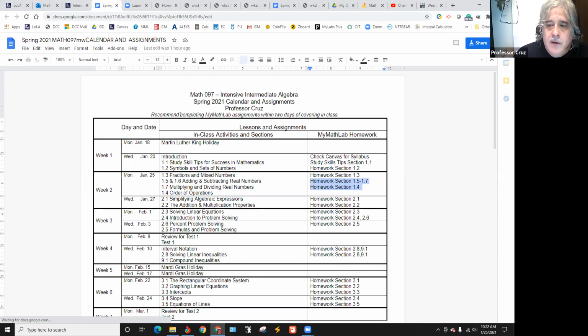Now, there are some due dates over there. I didn't set them up and I didn't realize that they were all towards the end of the active testing session. In other words, the first test will be Monday, February 8th. I'm going to try to give you an extra day or two to work on that. But anyway, I think the due date says something like the 7th for all of these.